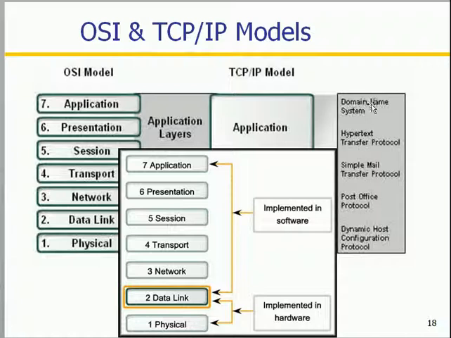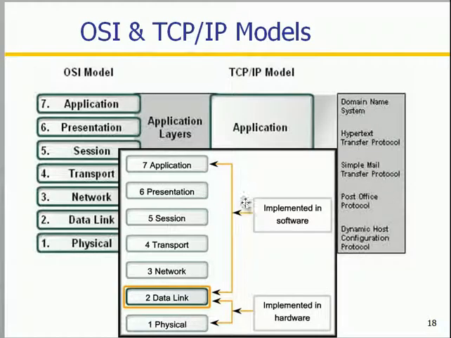Look at those protocols over here. Domain name system, this is DNS protocol. Hypertext transfer protocol, you know that very well, it's HTTP. Simple mail transfer protocol, that stands for SMTP. Post office protocol, very famous, it's POP. And dynamic host configuration protocol, that is DHCP.